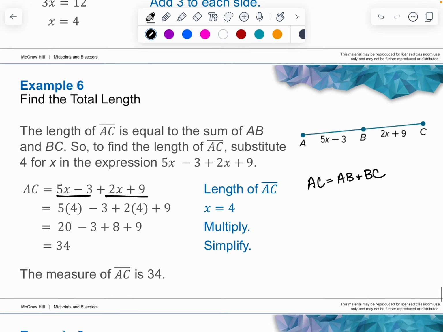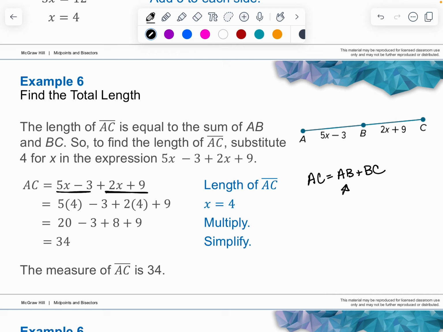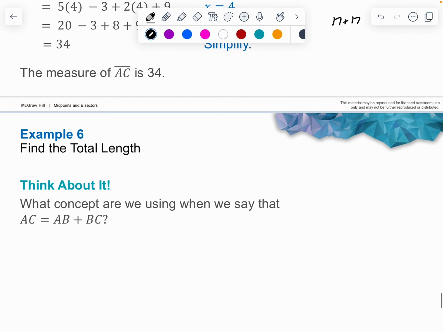I probably would have solved for AB. You know, I would have plugged in 5 times 4 minus 3 and found that this was 17. And then this is 17, and then I would have done 17 plus 17. But there's so many ways to get to the same solution. It would have been fine either way. Okay?